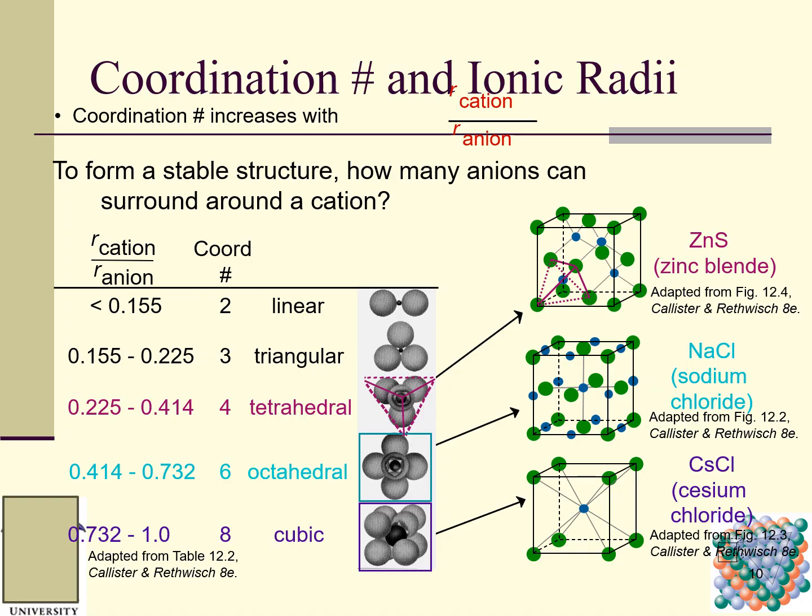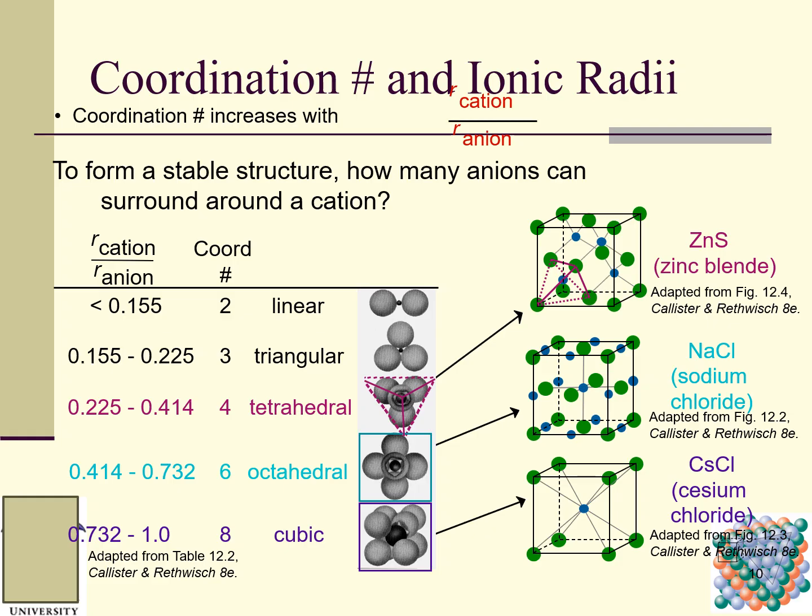And then we talk about the coordination number and ionic radii. What is a coordination number? Coordination number means the number of atoms that are surrounding another atom. So to form a stable structure, how many ions can surround a cation? Here is the radius of the cation and this is the radius of the anion.